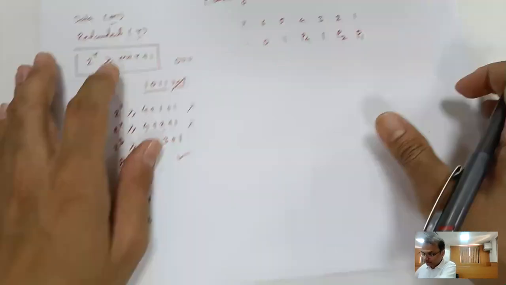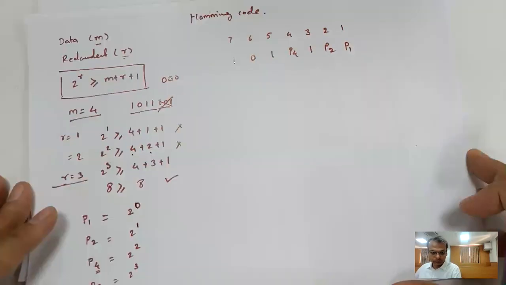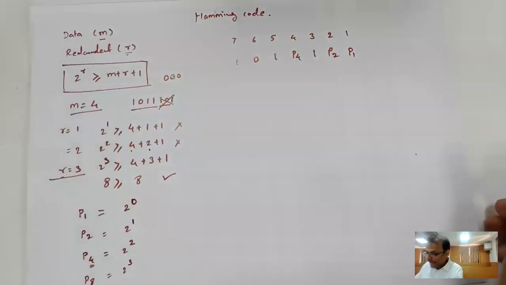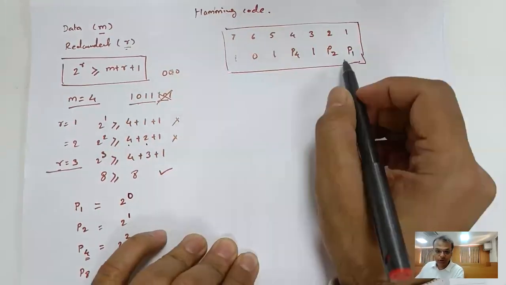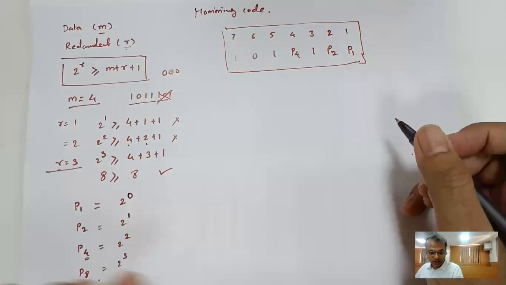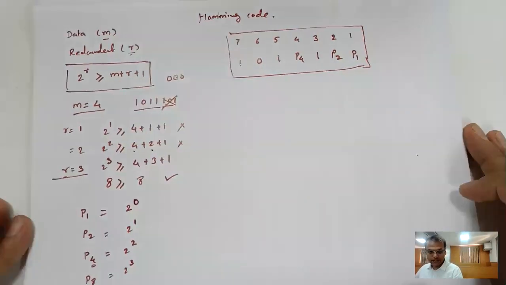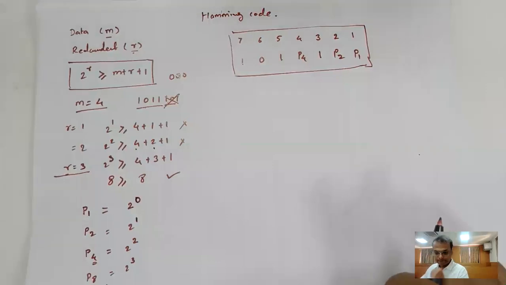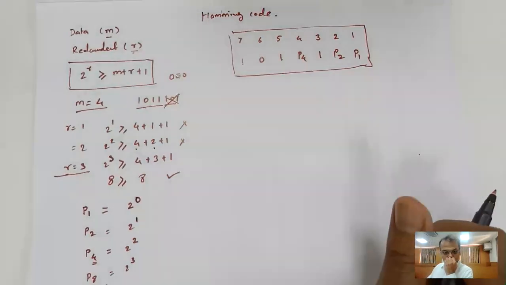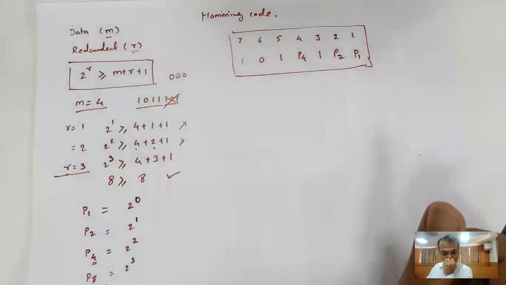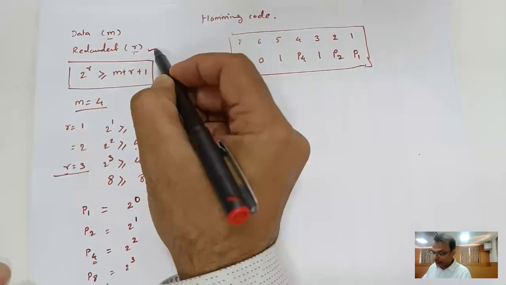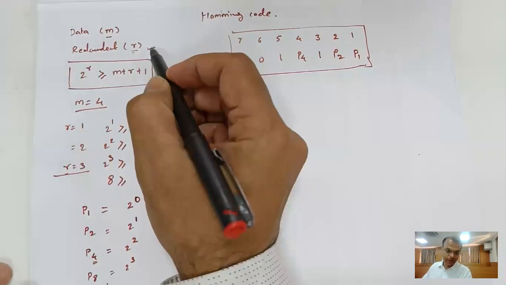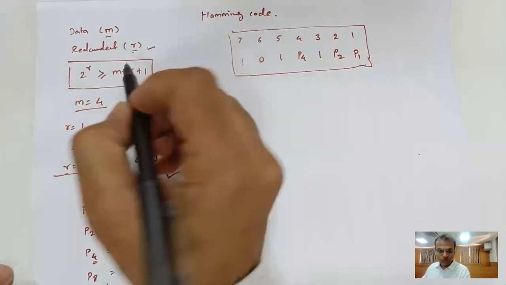Any doubts here? So this is actually a Hamming code. We are still yet to find out the values of P1, P2, and P4. But as of now, is it clear? So first of all, we are finding out the number of redundant bits using this formula.